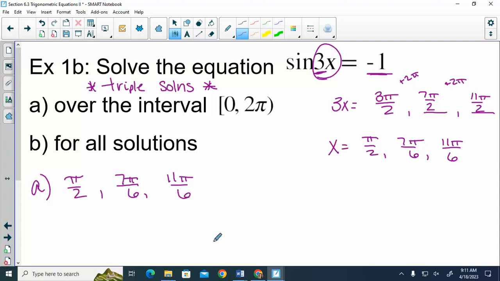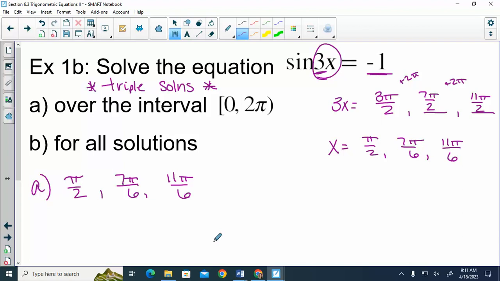Now, like I said, there's other ways to get it. I don't want to confuse you by throwing out too many options, but if this doesn't make sense, tell me and I can give you another option. So we knew there were triple solutions because of the 3. If it had been a 4x, we would have had 4 times the solutions.